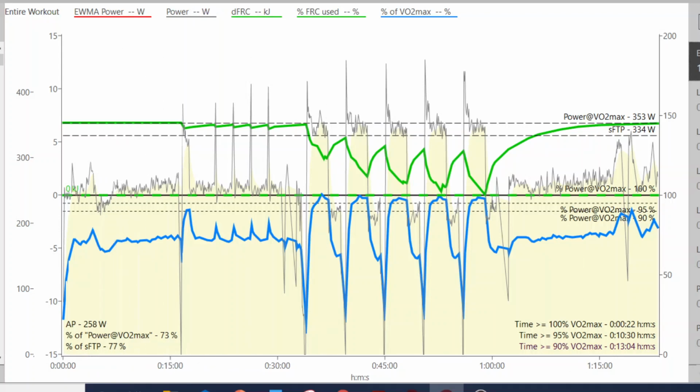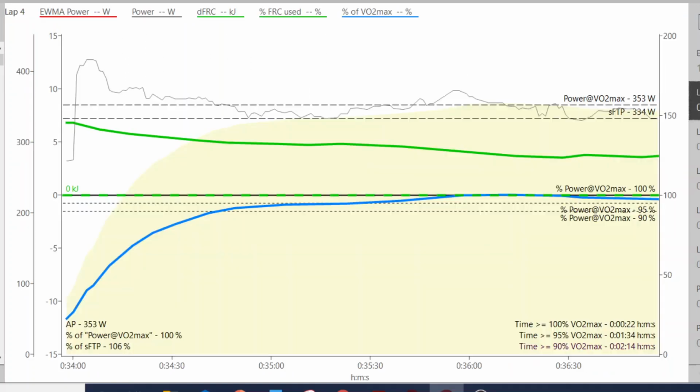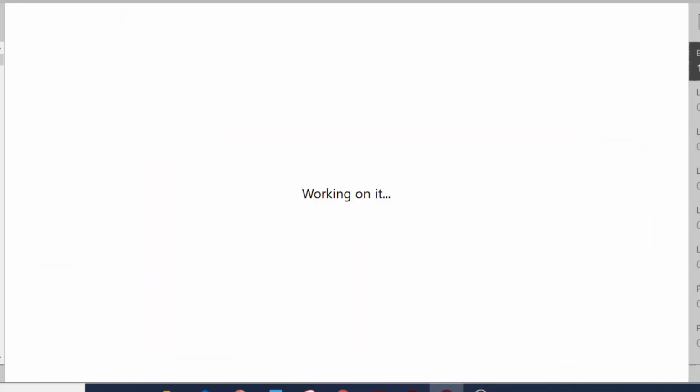Now, if I click over here, and I'm going to click on just one interval, you can see for that interval that he averaged 353 watts, which was equal to his 5-minute power. So we're going to call that 100% of power at VO2 max. And that was also 106% of FTP for this particular athlete.